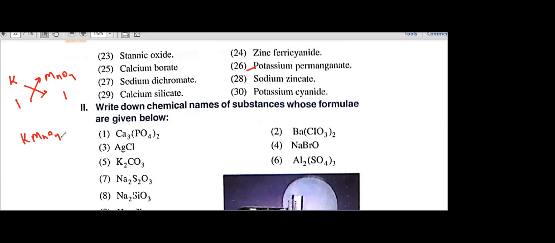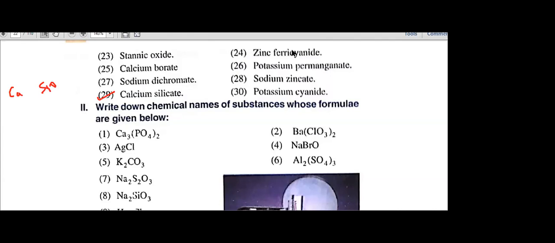Yes, sir. Okay, let us see question number 29. See, you just have to remember the radical. Calcium, Ca. Now silicate, that is my anion. So does anyone remember the formula of silicate? Sir, SiO3.